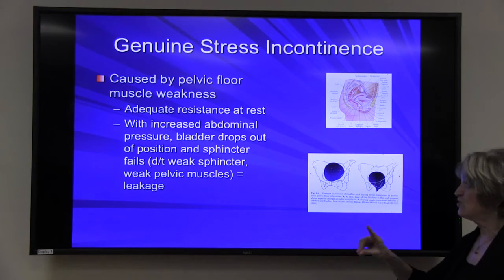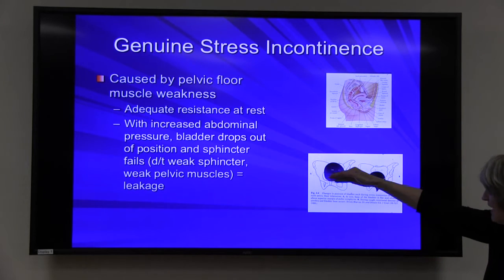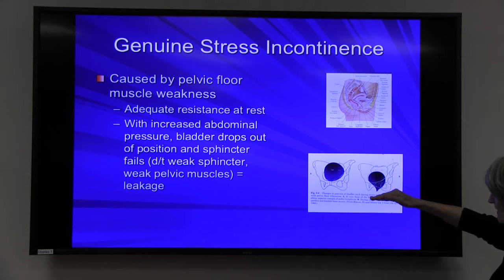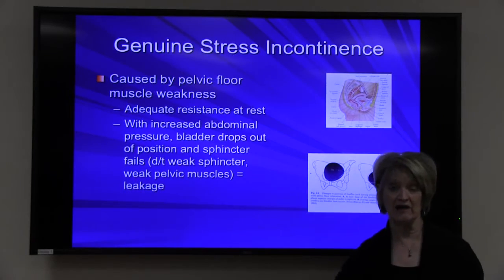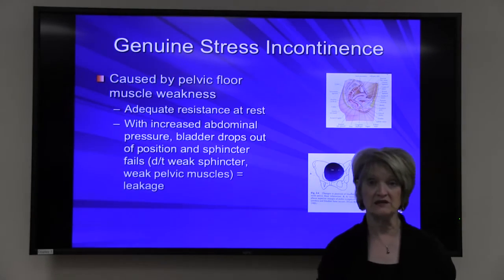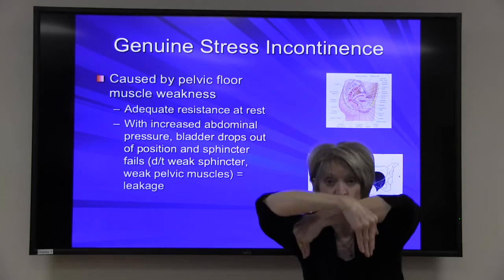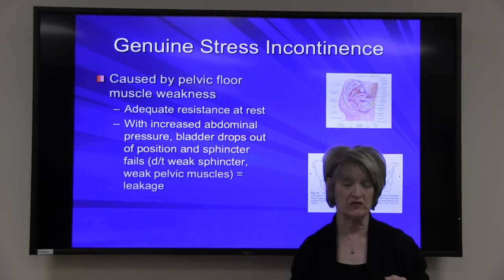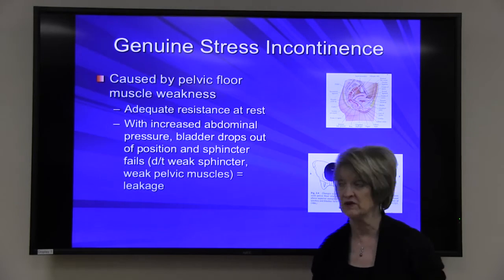And in that situation, downward pressure against the bladder pushes the bladder and the urethra out of position. Once you push the bladder and the urethra out of position, you've placed the sphincter in a stretch position where it's trying to stretch and reach around the urethra. And you're going to get compromised sphincter function.